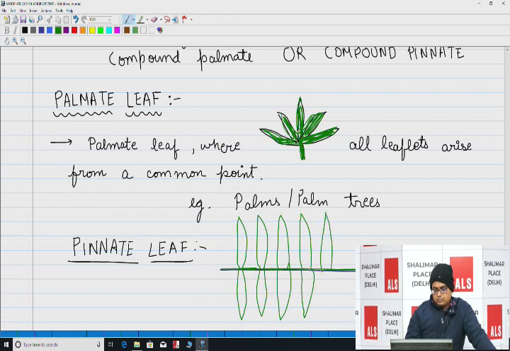So this kind of arrangement is a bipinnate, multipinnate compound leaf, sorry.